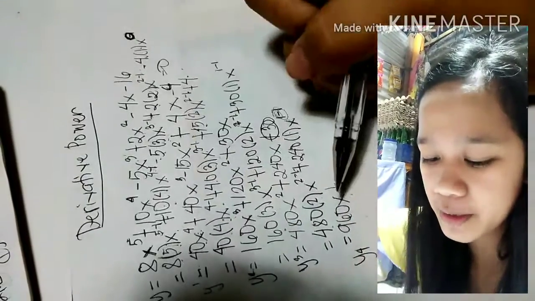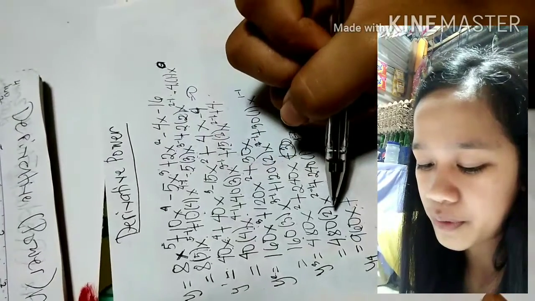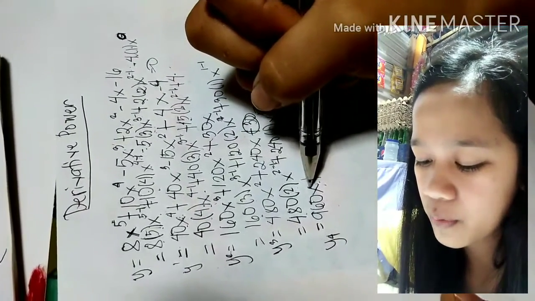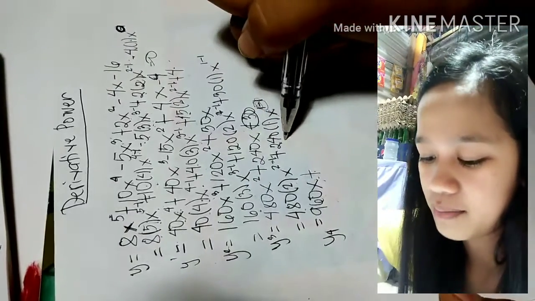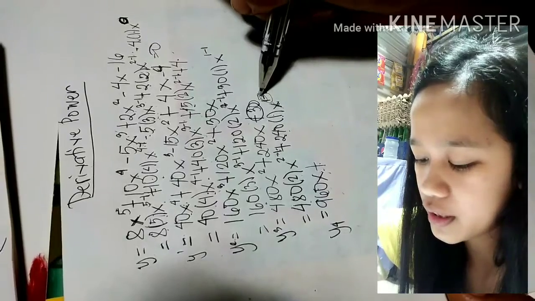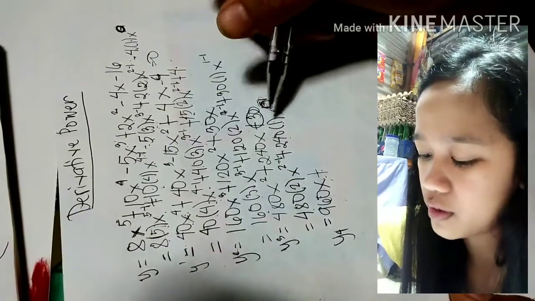So again, we're going to multiply the numbers and subtract the exponent. So 480 times 2 equals 960, x squared minus 1 equals x. Plus 240 times 1 equals 240, x to the 1 minus 1 equals x to the 0.